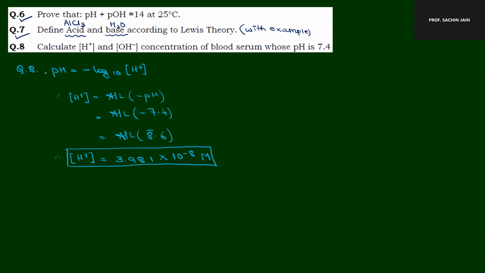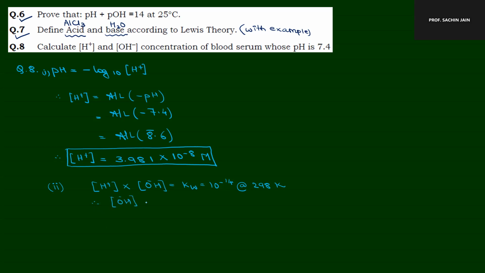अब दूसरे पार्ट में you have to find OH minus. H plus पता है तो how do we find OH minus? Concentration of H plus into OH minus is 10 raised to minus 14. According to ionic product of water, H plus into OH minus is equal to Kw, which is equal to 10 raised to minus 14 at 298 Kelvin. ठीक है. अब यहाँ मेंशन नहीं किया है तो रूम टेम्परेचर ही डिफॉल्ट टेम्परेचर होगा.